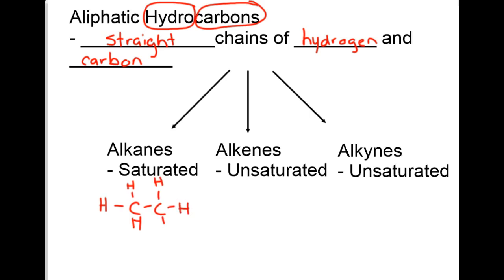There is no other way to add more hydrogen to this molecule. Alkenes and alkynes are unsaturated. That means that there is a double or triple bond present.